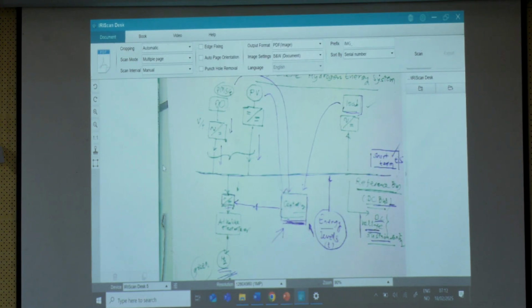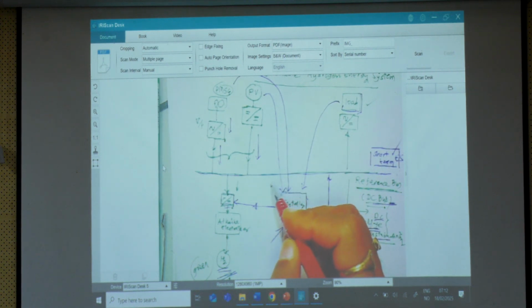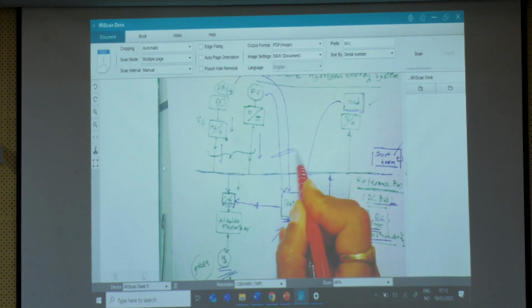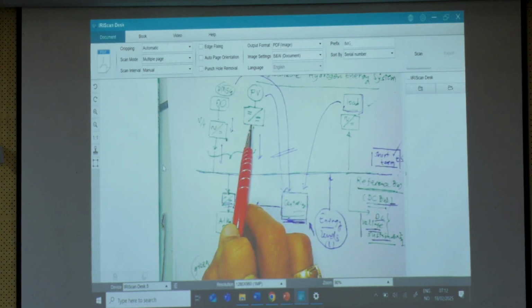Now, the next question that comes: when we are supplying that excess energy to this alkaline electrolyzer, there may be some time when we have a deficit from these renewable energy sources.